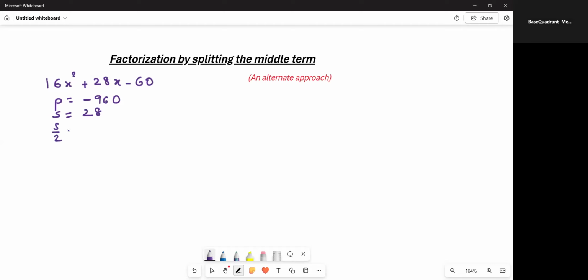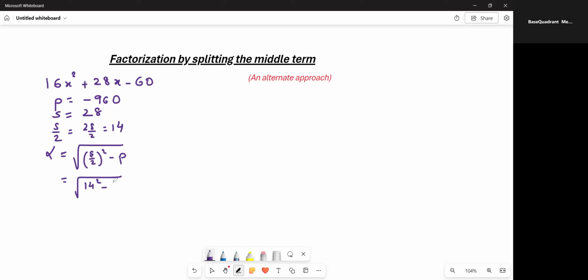First find sum upon 2. That is 28 upon 2, which is 14. Now find alpha. Alpha is the root of sum upon 2, the whole square, minus product. That is the root of 14 square minus product, P, which is minus 960.